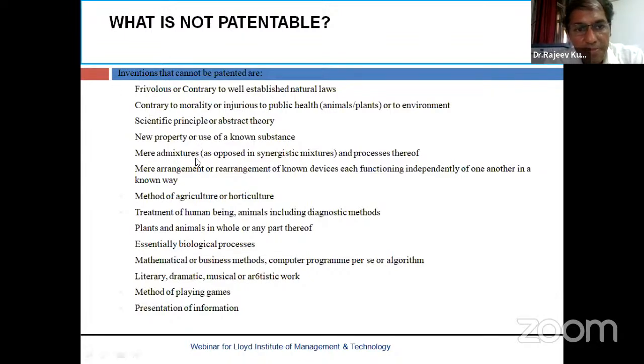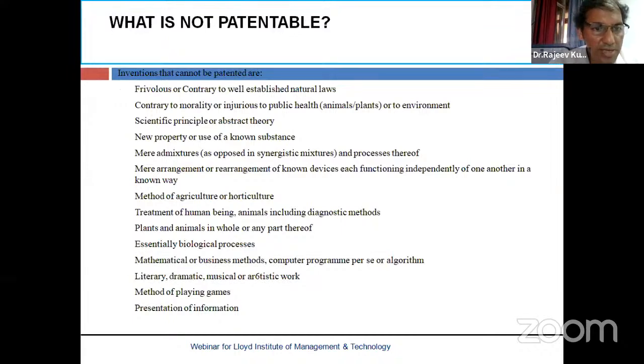Mere admixtures and processes thereof. So just you are combining the salts, the esters, the polymorphs, or the different compounds. So such things which are just mere admixtures are also not patentable. जैसे आपने एस्पिरिन और पैरासिटामोल को मिला दिया तो उससे एक नया इफेक्ट पैदा हुआ, so that will not be considered as an invention because it is just an admixture.